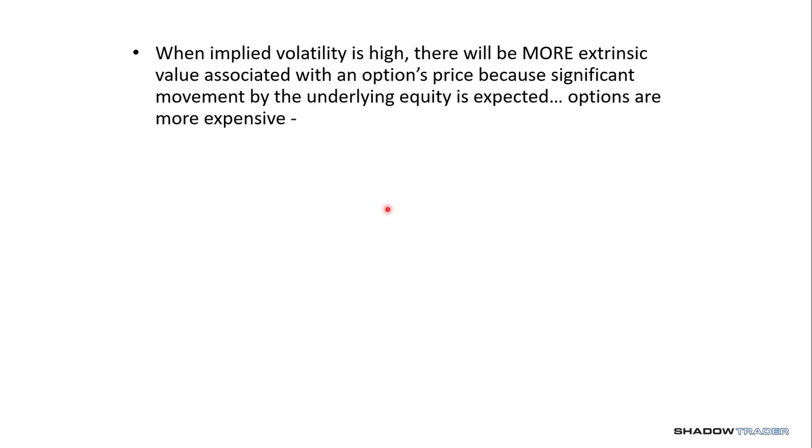So when implied volatility is high, there's more extrinsic value because significant movement by that underlying equity is expected. Therefore, you have to pay up. It's like buying hurricane insurance when the hurricane is at your front door.